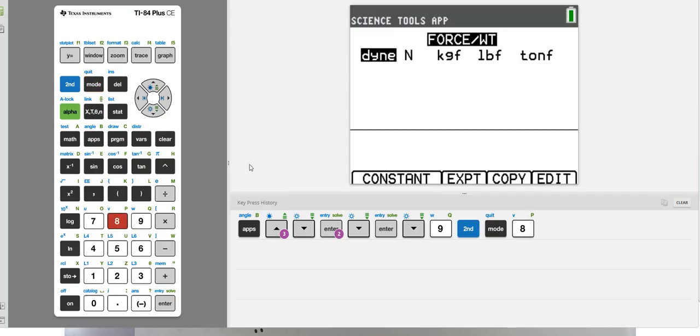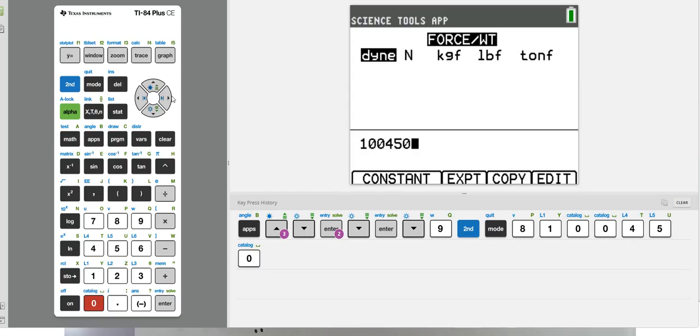And we want to convert 100,450 newtons. So now I want to type newtons and turn that to pound-feet.